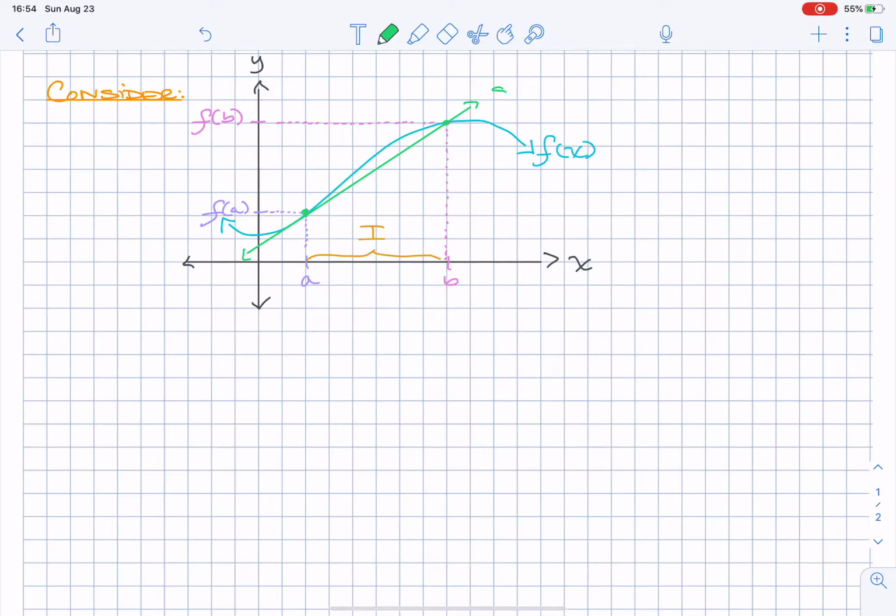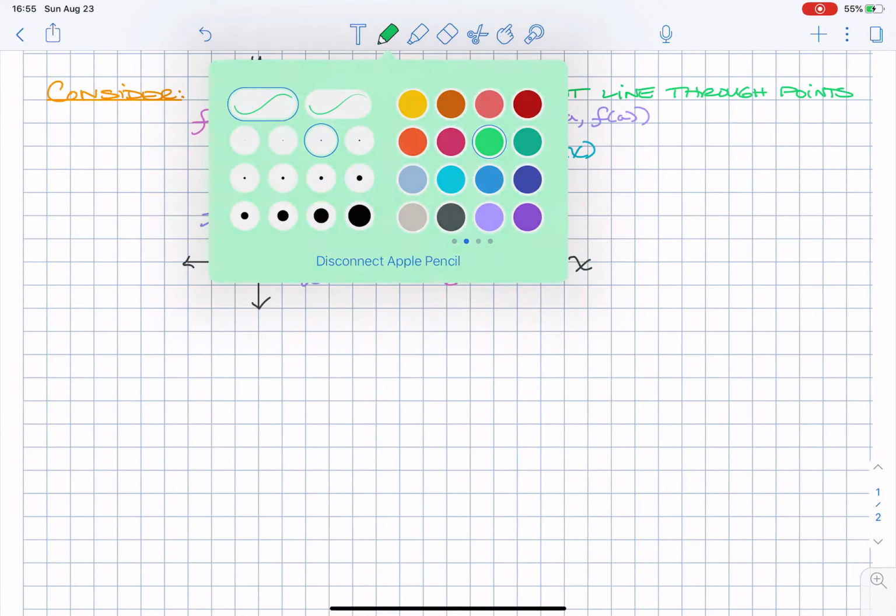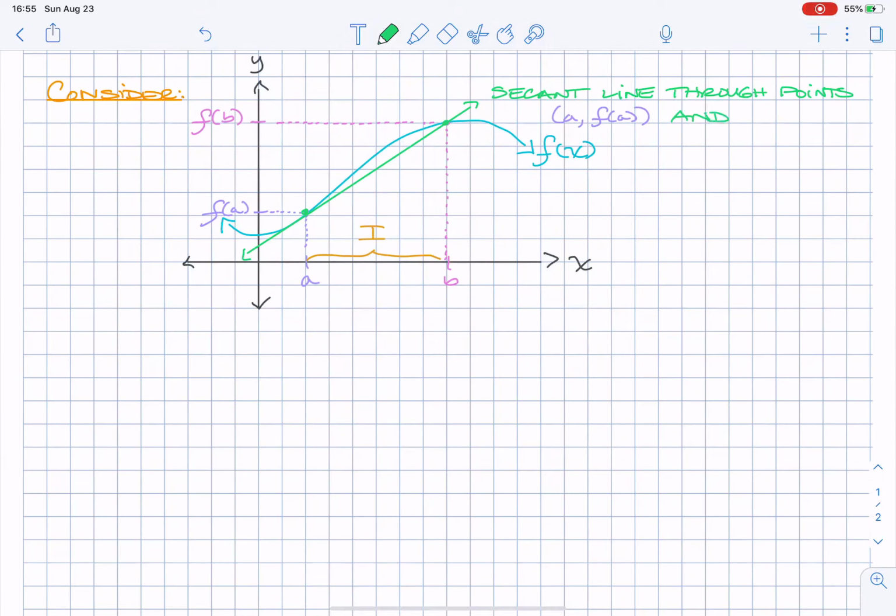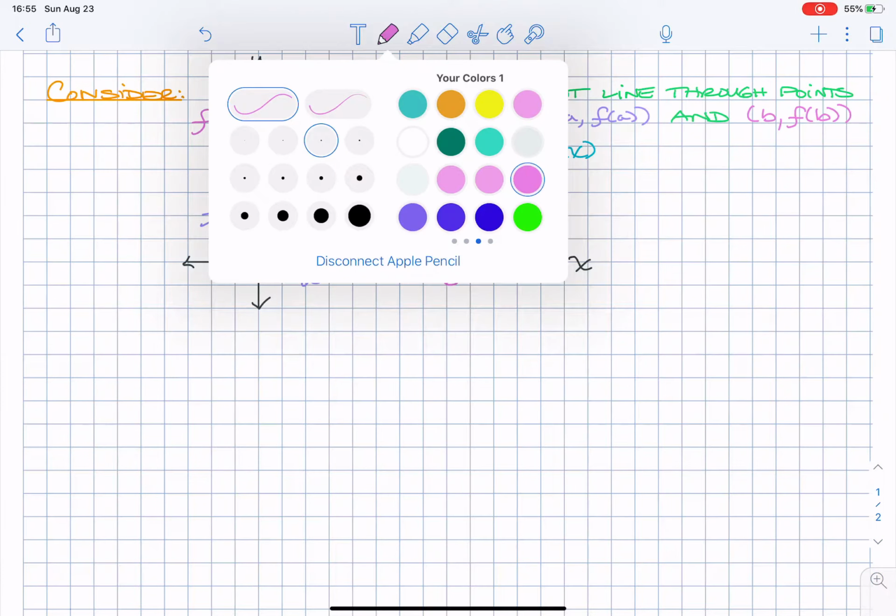This is called the secant line through points A, f of A and B, f of B. Okay, so we call that the secant line.